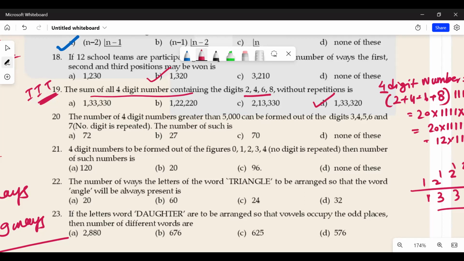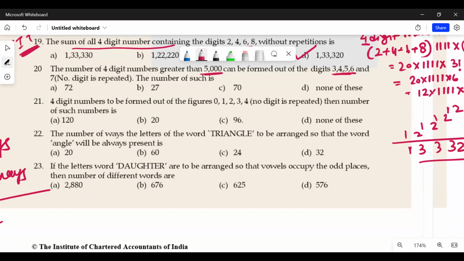You want a number greater than 5,000, and you have these digits: 3, 4, 5, 6, 7. You want to make a 4-digit number. If I want greater than 5,000, it means my first place will have either 5, 6, or 7. 3 and 4 cannot come.